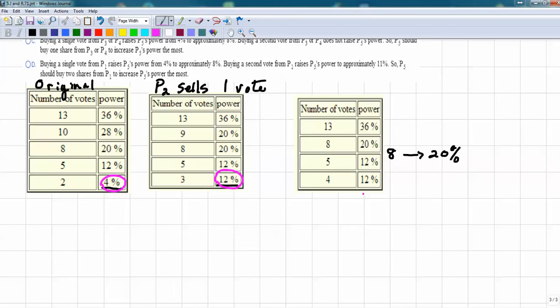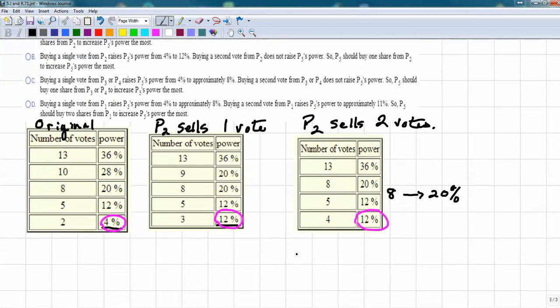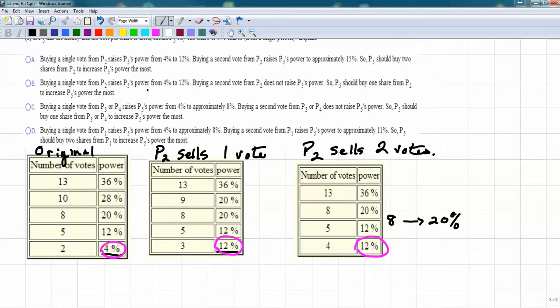Because we did find that in all instances that... So we'll go back up and we'll look at this. We know that this one doesn't work because P sub 5's power never goes up to 15%. So we're buying a single vote from P sub 2. It raises it from 4 to 12. Buying a second vote does not raise the power, so P sub 5 should buy 1 share from P sub 2.